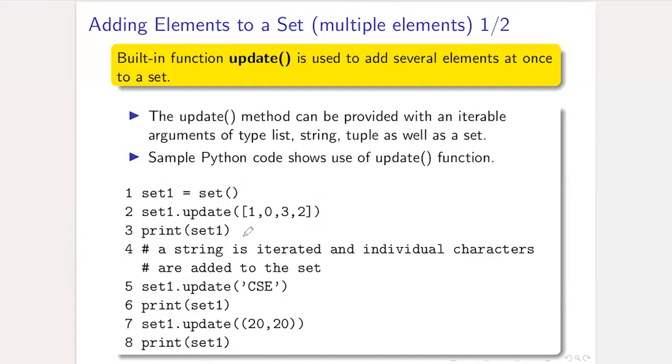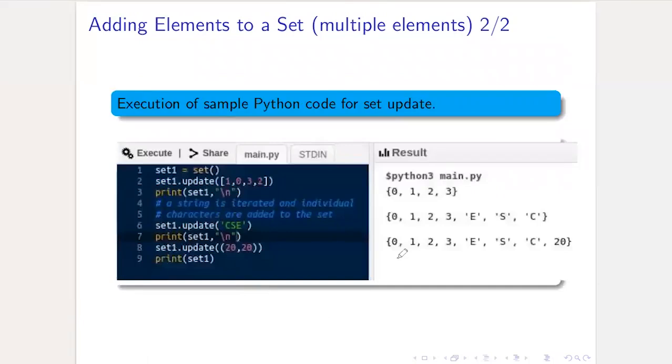These are just integer values, so they are immutable. The string again is an iterable collection of immutable values, characters, so they will get iterated and properly added to the set. You can see that is what happens. I give a list and they get added.